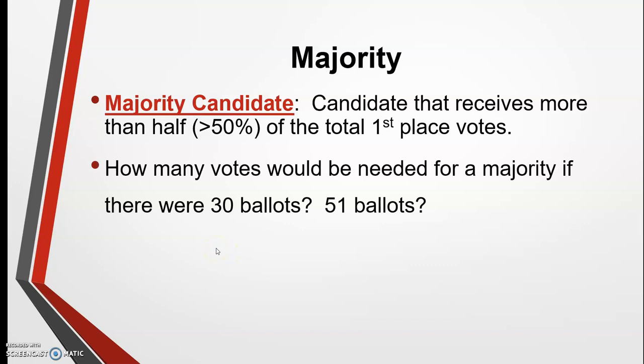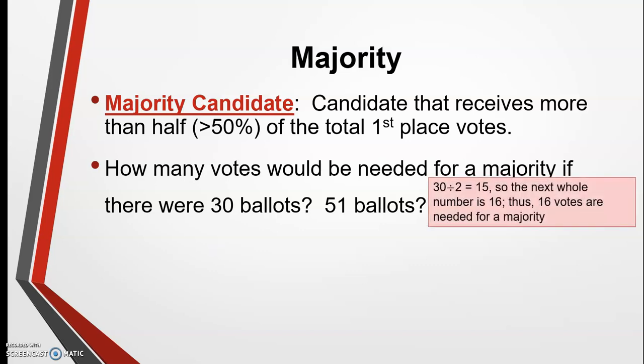So how many votes would be needed for a majority if there were 30 ballots? Well, half or 50% of the vote in the case of 30 ballots would be 15. And since we're required to have more than 50% for a majority, you would need at least 16 votes for a majority. So you don't necessarily add 1, but you do round up to the next whole number.